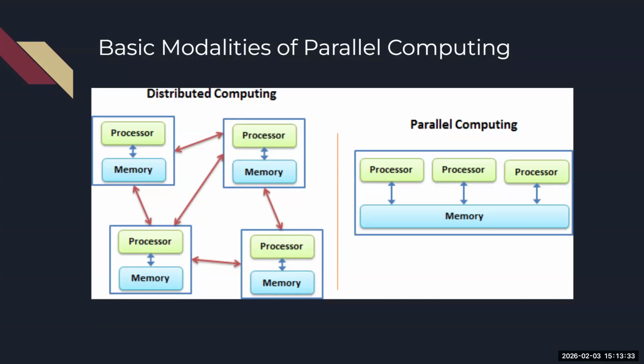There are 5 or 6 other terms. Distributed computing is sometimes called networked computing, or scalable computing, many different things. So you can think of it as being divided into multi-core, where every processor has this big cloud of memory that it can access, and distributed computing, where each processor has its own chunk of memory that nobody else can access, and if anybody else wants access to it, they have to ask for it.